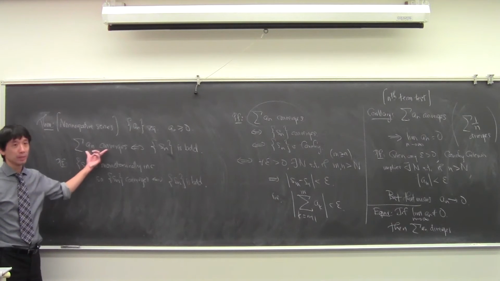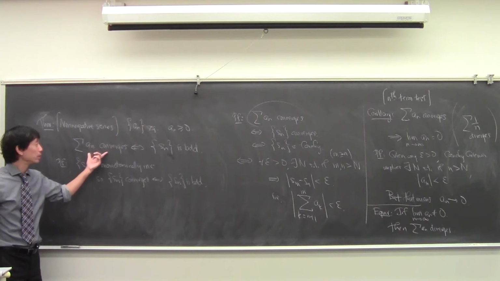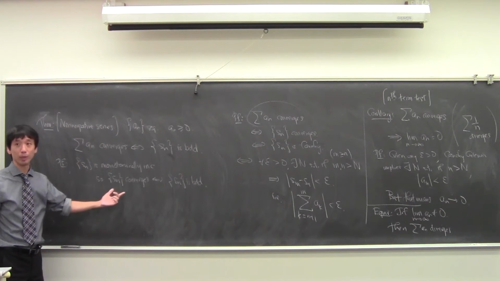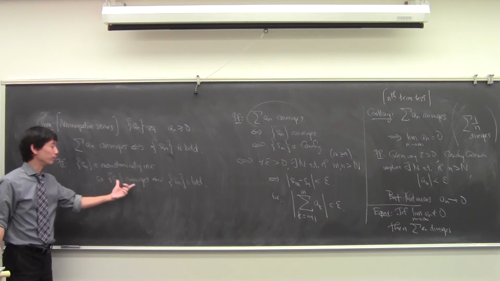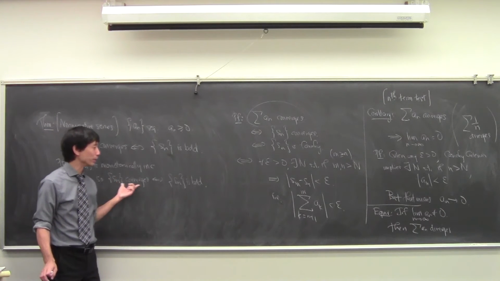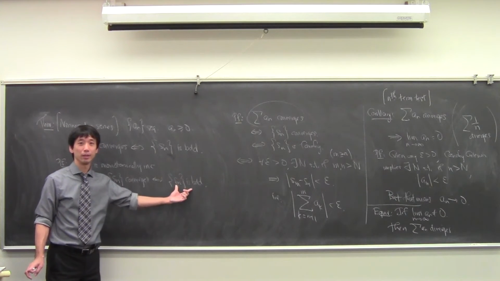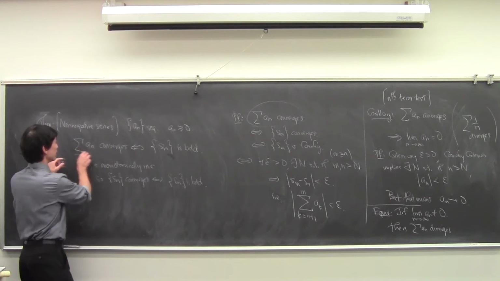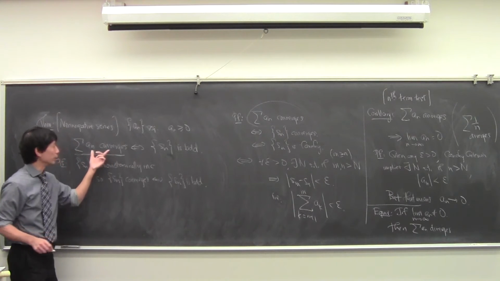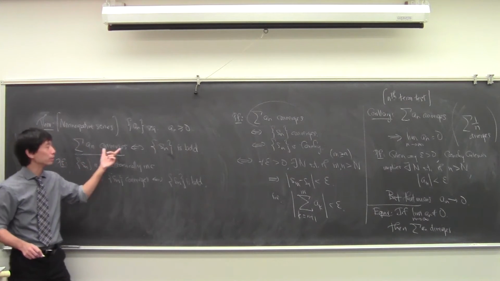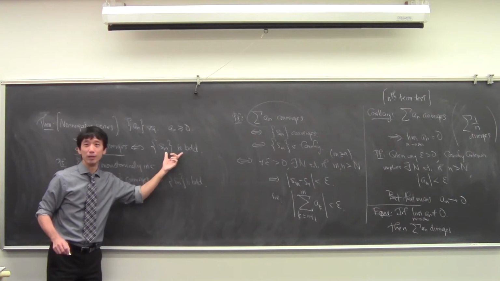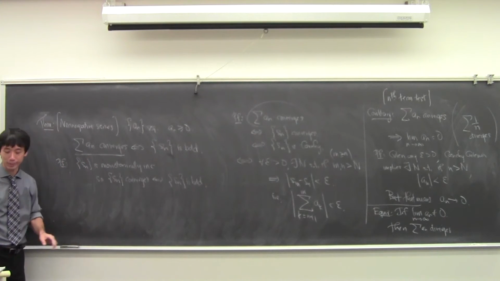Okay, great. The infinite series converges means that the sequence of partial sums converges. But in this case, the sequence of partial sums converges if and only if it's bounded. So we see that convergence of the non-negative series is equivalent to the boundedness of its sequence of partial sums.